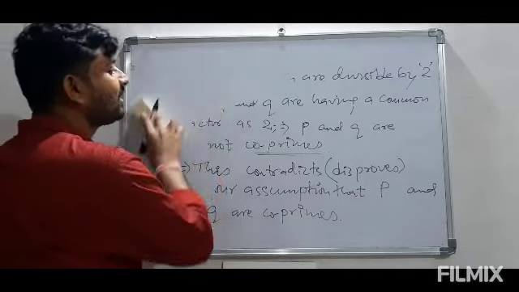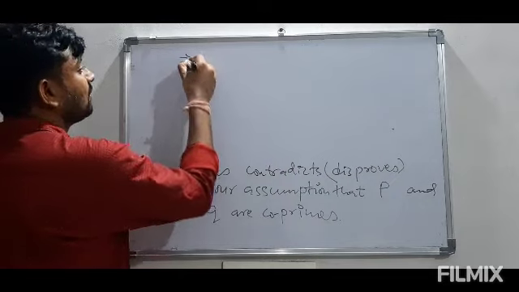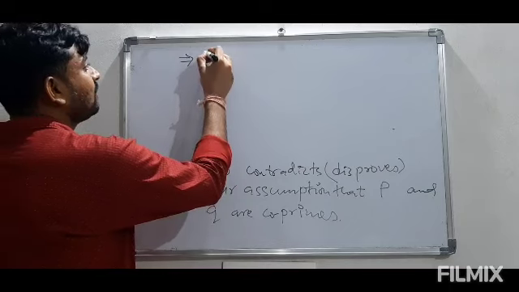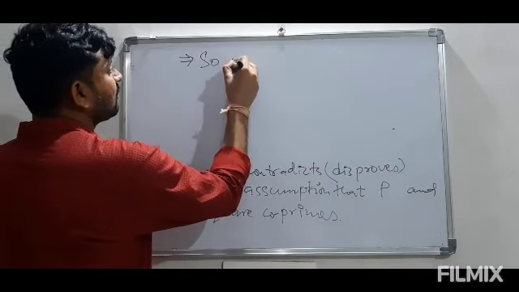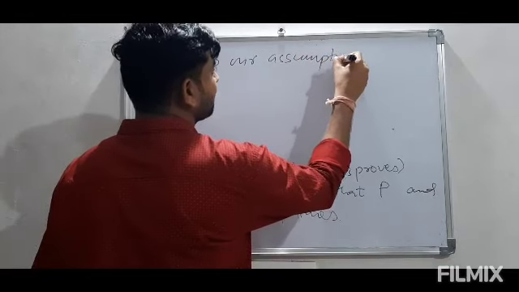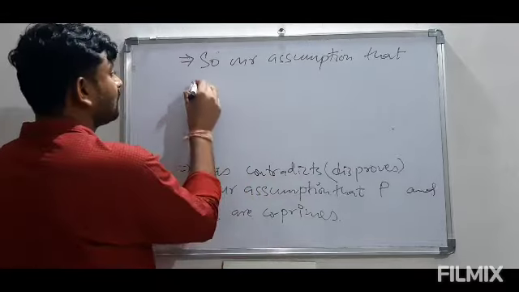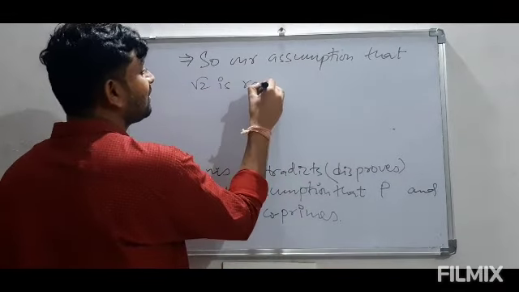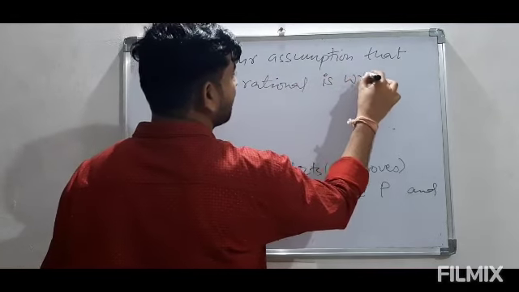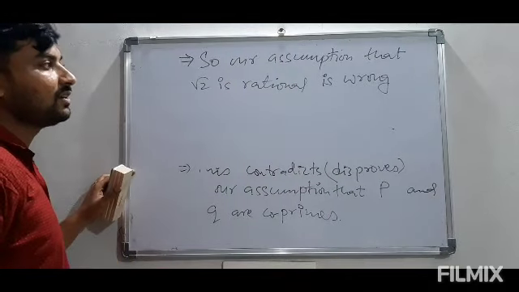So hence we can write, so if they are not co-prime, then that assumption is wrong. So our assumption that root 2 is rational is wrong. Our assumption that root 2 is rational is wrong.